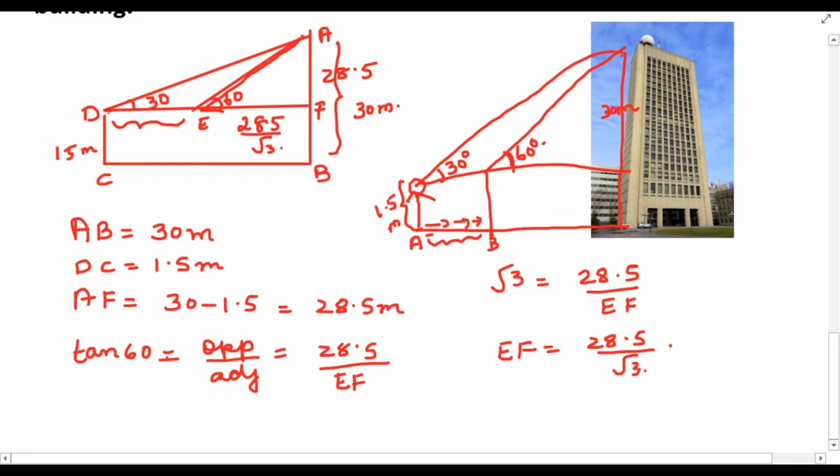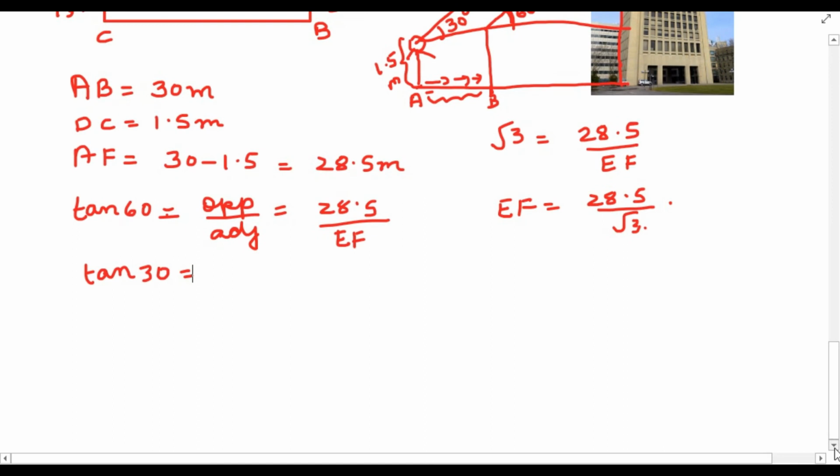Now we will take the big triangle AFD. Same way we will find tan 30. Tan 30 is opposite side by adjacent side.